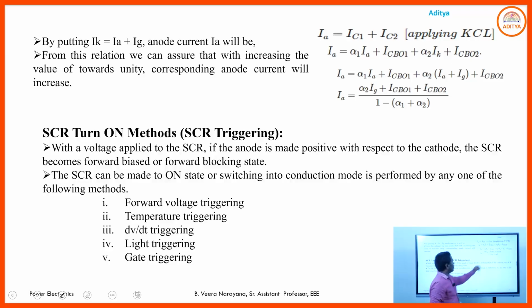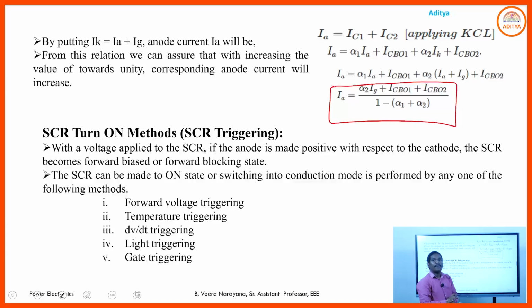So you replace this expression here along with ICB02, and finally IA is equal to alpha 2 IG plus ICB01 plus ICB02 divided by 1 minus alpha 1 plus alpha 2.